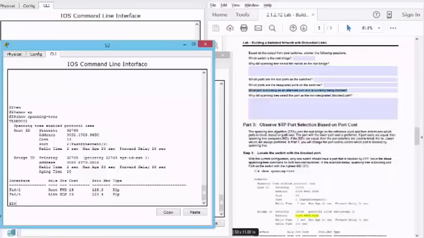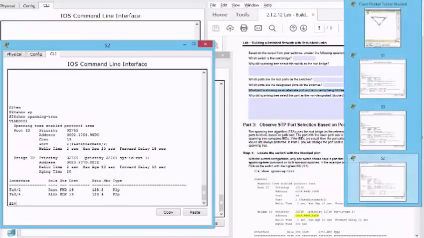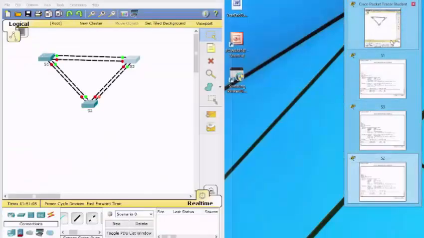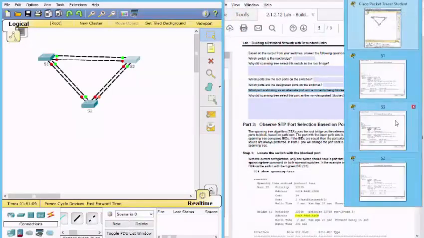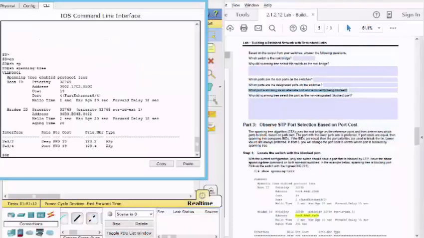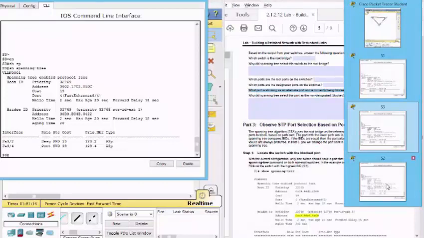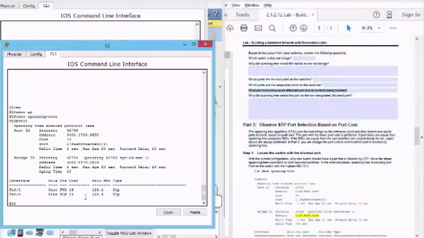Fast Ethernet 04 of switch 3 is the alternate port.